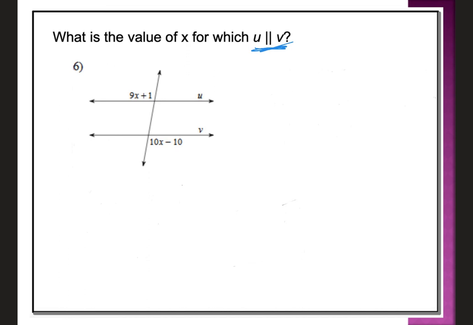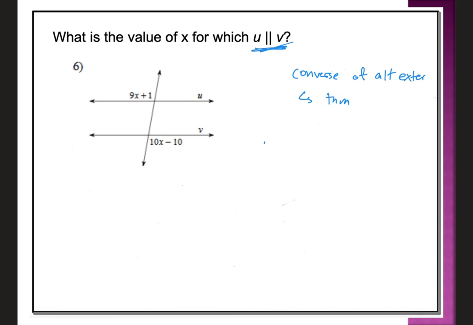Okay, these two angles are alternate exterior angles. So if the lines are going to be parallel, these two angles need to be equal to each other. Okay, because of the converse of alternate exterior angles theorem.